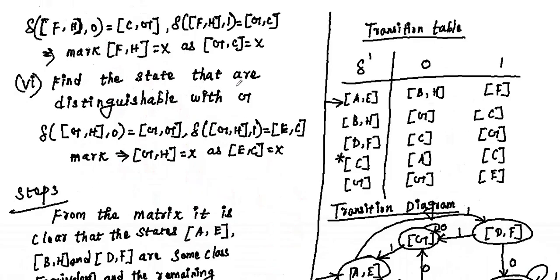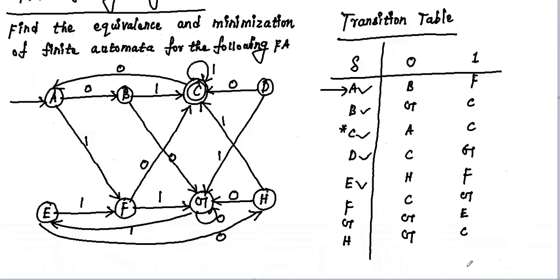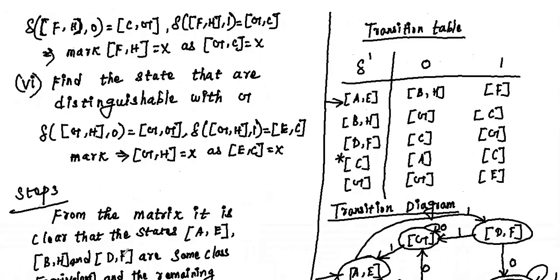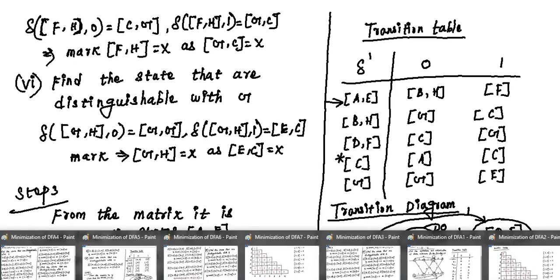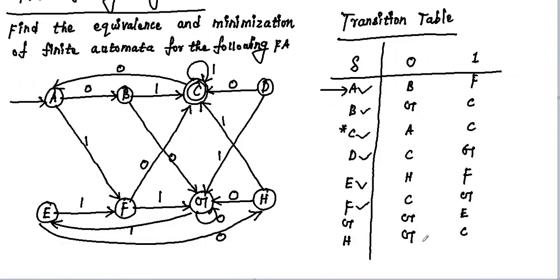Find the states that are distinguishable with G. In this transition table, we completed distinguishable with F. Now distinguishable with G. Take the pair GH. After that there is no state. Leave it. We have only one pair. Delta of GH and apply input 0, 1, GH0. See the transition table. GH0 is GG, GH1 is EC.